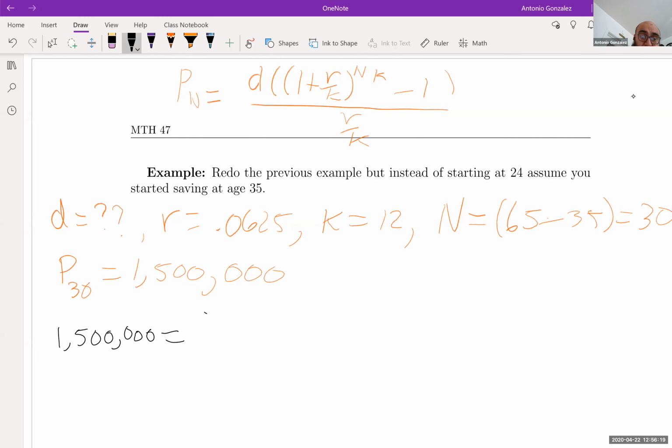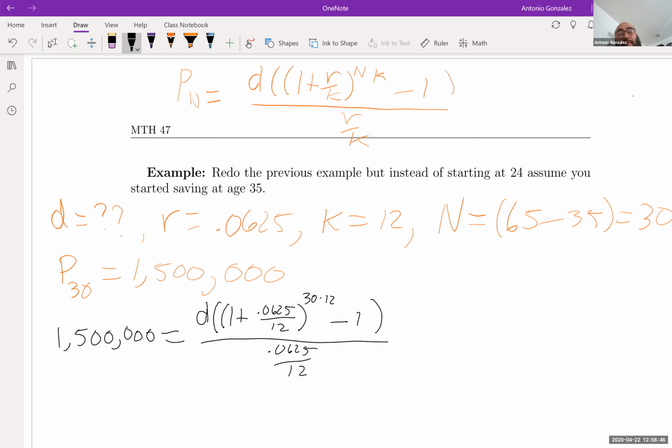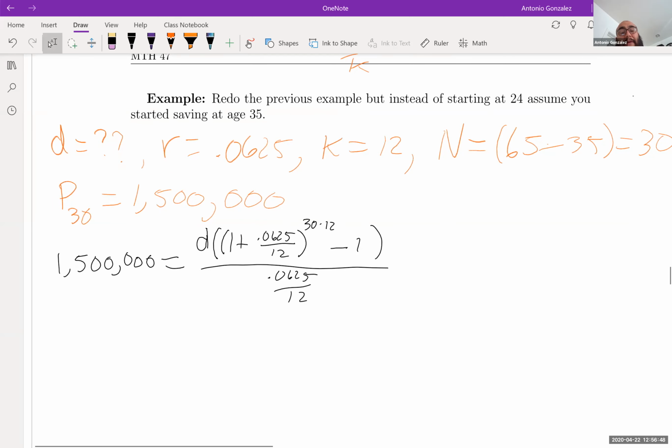All right, D is my unknown. 1 plus 0.0625 over K raised to the 30 times 12 minus 1, all over 0.0625 over 12.